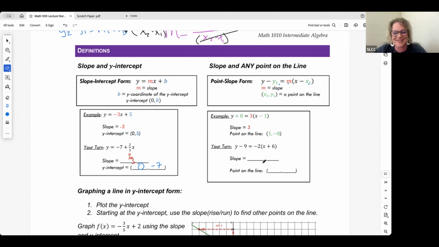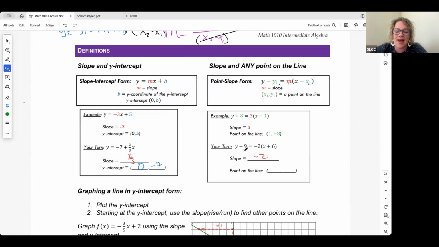What about over here? The slope would be -2, and the point on the line. Now be careful with the point because the value is minus x1 and minus y1. So the template says minus.